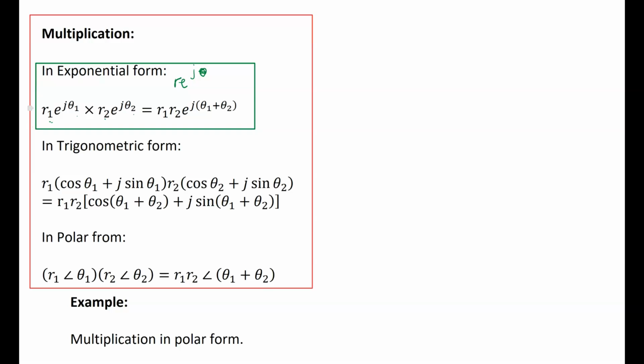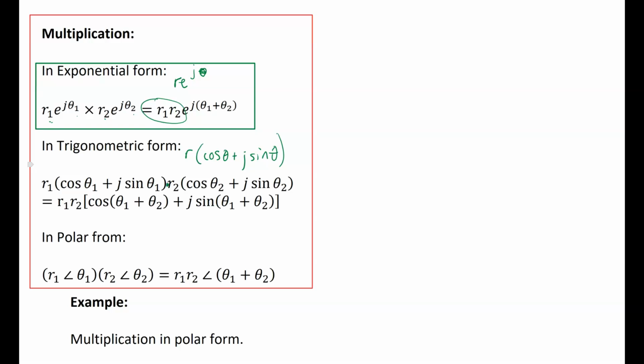So notice what's happening. I've got two complex numbers in exponential form. When we multiply them together, you multiply the r's, you keep the form of the complex number in exponential form, so it's still e to the j theta, keep the j, and you add the exponents. Really quite simple. In trigonometric form, this one looks a little bit longer only because the trigonometric form is longer. It is r cos theta plus j sine theta. And we have two of them here being multiplied together.